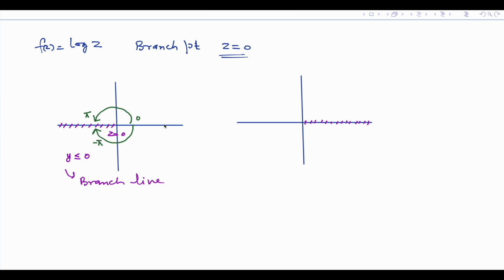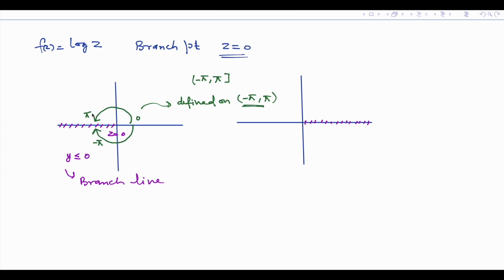So in the principal branch it is minus pi to pi. This function is defined on minus pi to pi, and we are not touching the branch line in this interval.